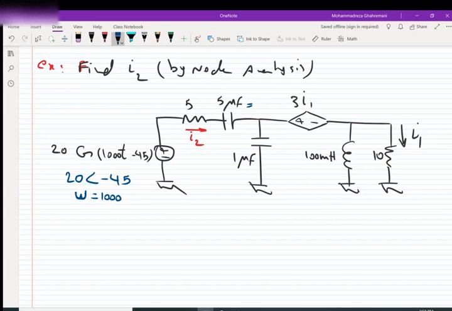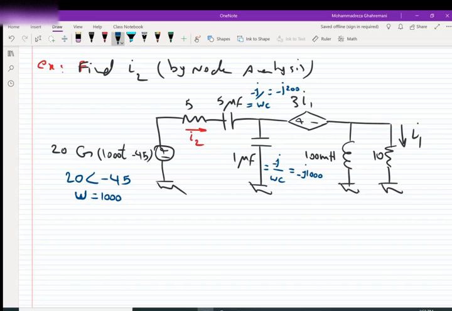Now we need to find the impedance of the capacitor. The impedance of this capacitor is negative j over omega C. Omega is 1000, C is 5 microfarad. If we substitute these values, we have negative j200. The other capacitor, 1 microfarad, is also negative j over omega C, which equals negative j1000.